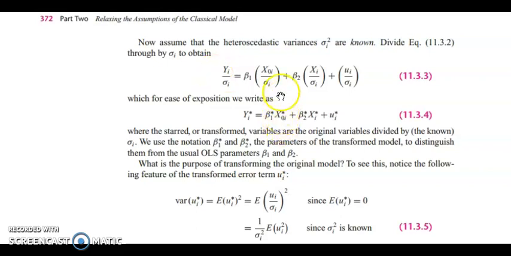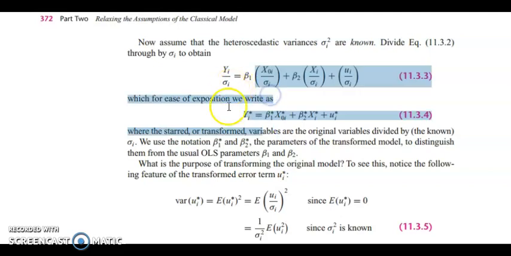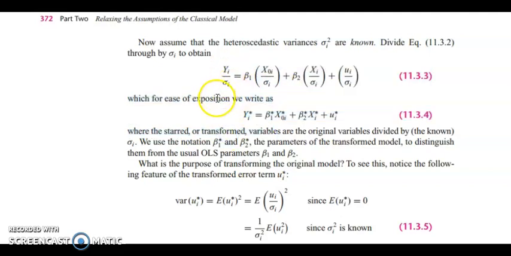X naught i star denotes this in bracket, and x_i star denotes x_i over sigma i, and so on. So in GLS or WLS, what we are actually doing is regressing the new y_i, or y_i star, on x naught i star and x_i star.